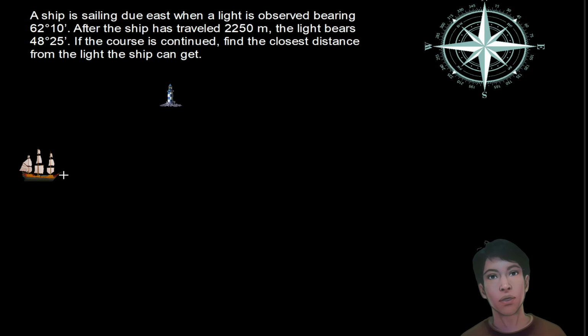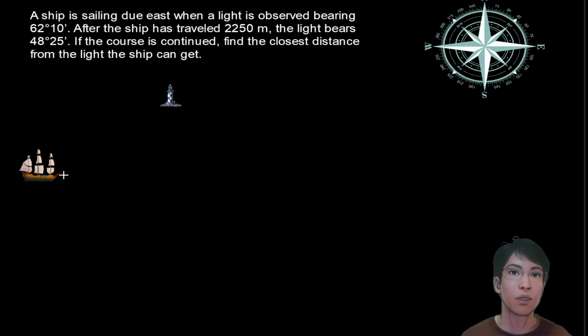A ship is sailing due east when a light is observed bearing 62 degrees 10 minutes. After the ship has traveled 2,250 meters, the light bears 48 degrees 25 minutes. If the course is continued, find the closest distance from the light the ship can get.